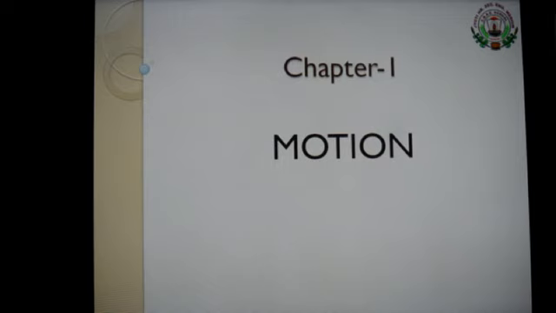Here we will discuss the various types of graphs which can be used to calculate speed or velocity, acceleration and distance travelled by a body. A very important point to remember here is that in the drawing of graphs, the terms speed and velocity are used in the same sense.